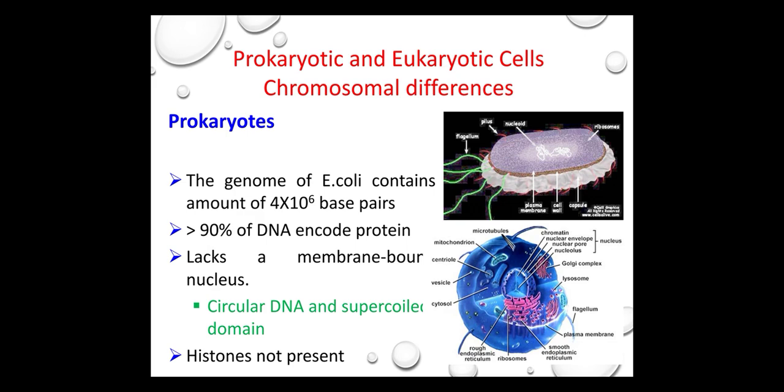It is a circular DNA with supercoiled domains. Histone is not present. As you can see in the picture, this is an example of prokaryotes.